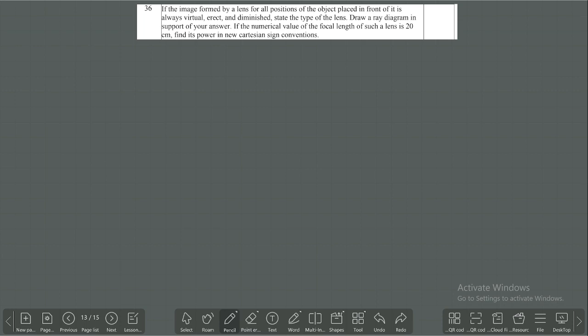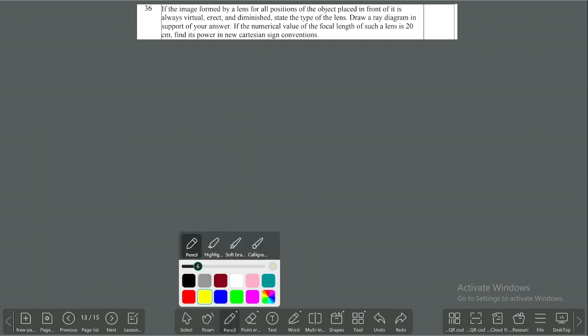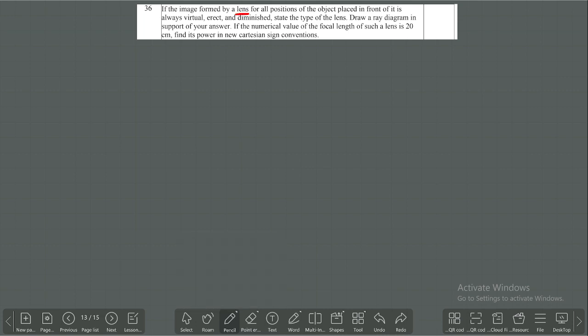So the next question is question number 36: if the image formed by the lens for all the positions of the object placed in front of it is always virtual. So here they said lens. Always virtual means, we have two types of lens.